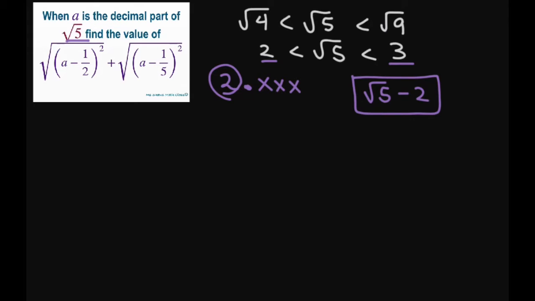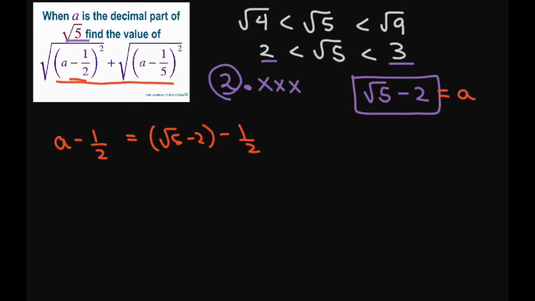Now, the next thing we're going to do is, this looks simple enough, but we've got to determine which one's positive and negative. So basically, we're going to just look at the inner function, a minus 1/2. That's going to equal square root of 5 minus 2, then minus 1/2, because this is your a.